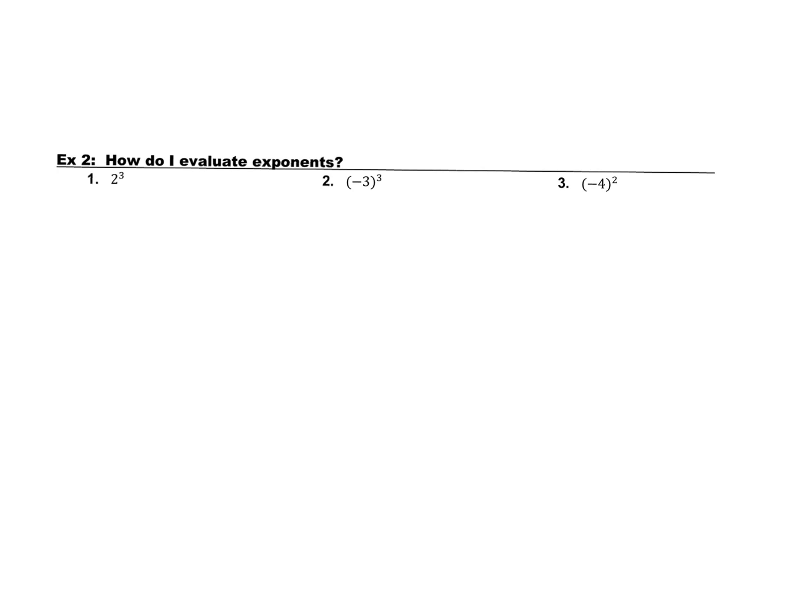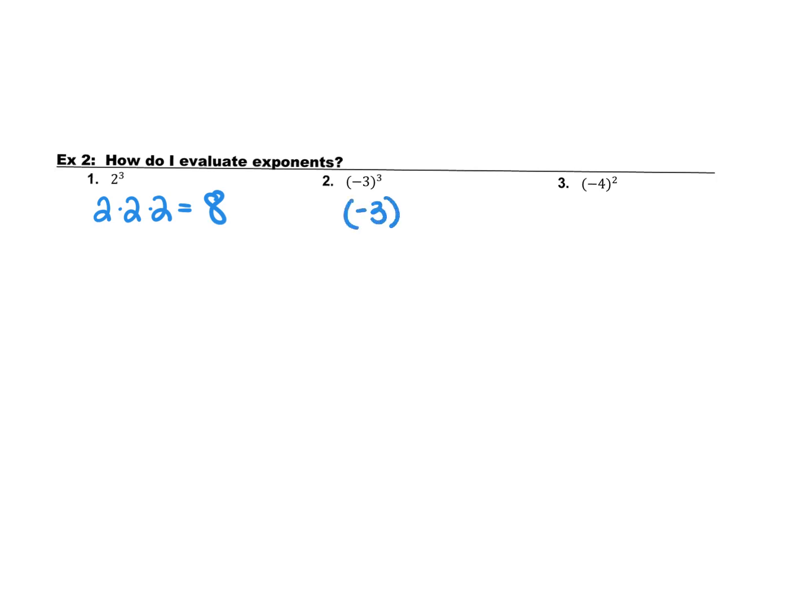All right, I'd also like to go back and review how we evaluate exponents. Remember, 2 to the 3rd means 2 times 2 times 2. So 2 times 2 is 4, and 4 times 2 then is 8. Let's take a look at negative 3 to the 3rd power if I were to evaluate this one. If I have the negative 3, that means that it's going to be multiplied 3 times.